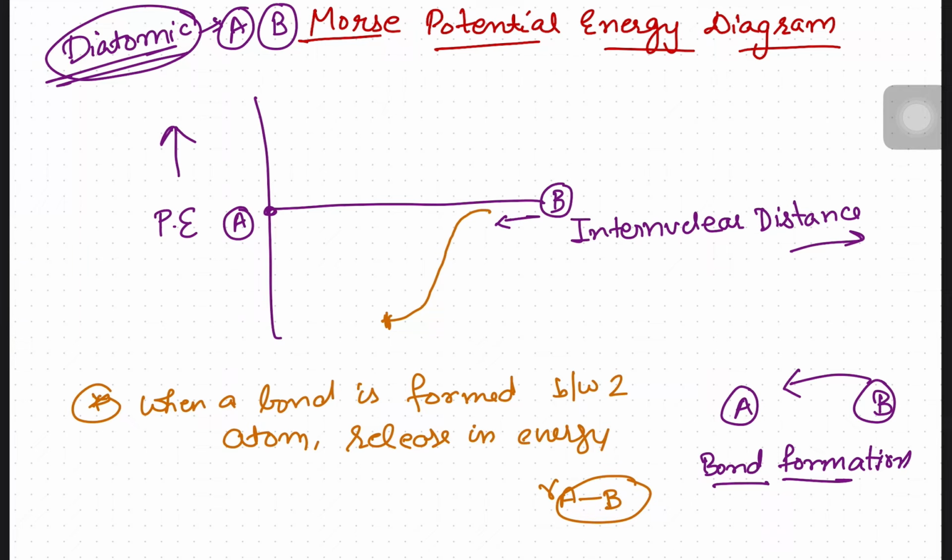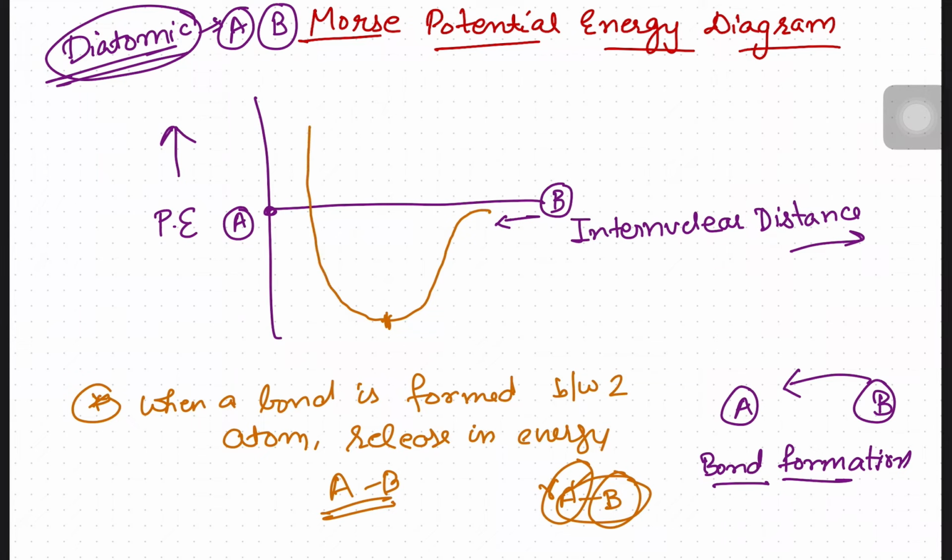Now, if I move the B atom further close to A, then the repulsive forces between the electrons will dominate. So the potential energy of the system will increase after this point.